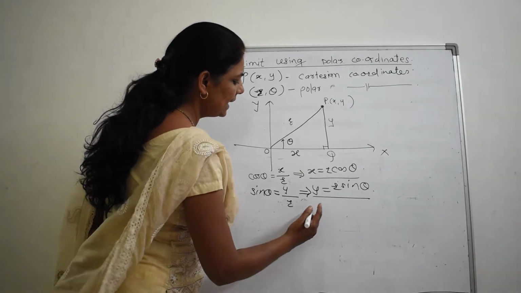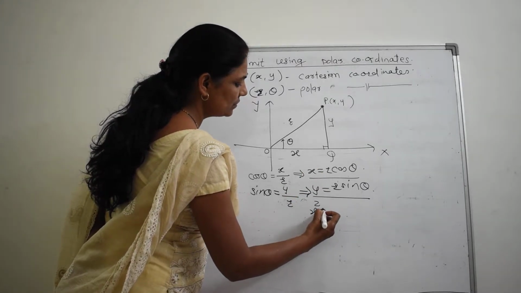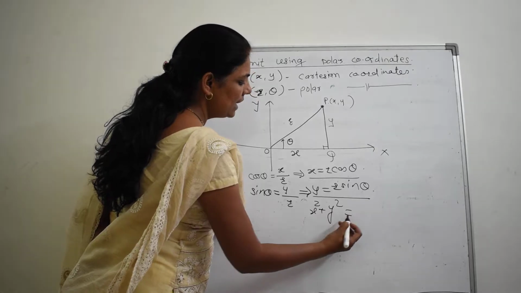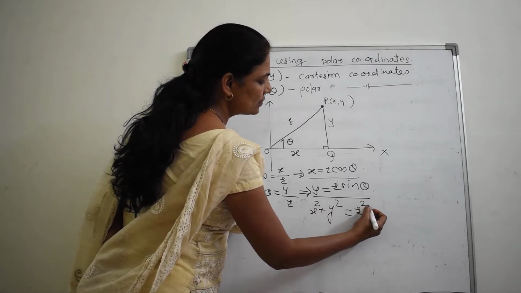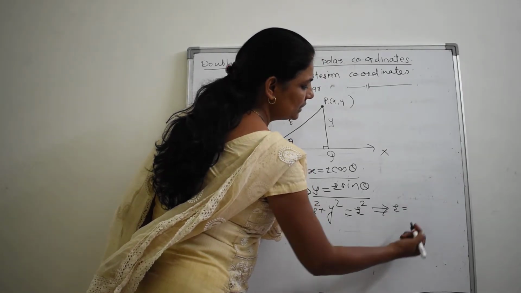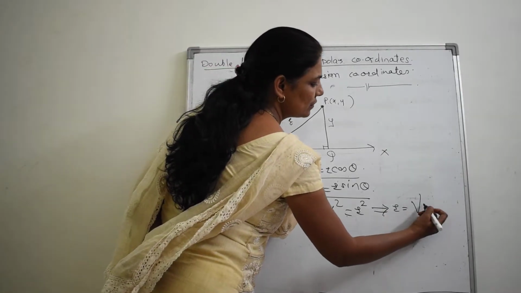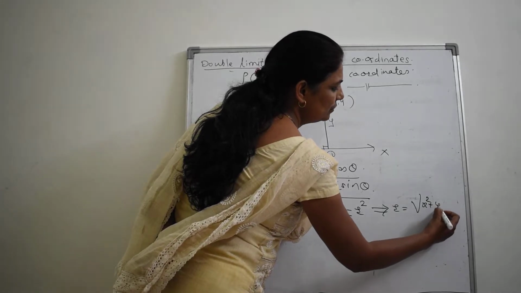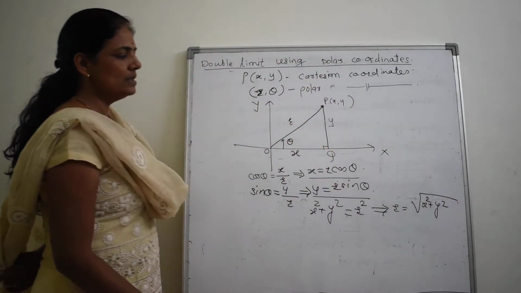If we square and add these two equations, we get x square plus y square equals r square. Since r is positive, r equals the square root of x square plus y square.